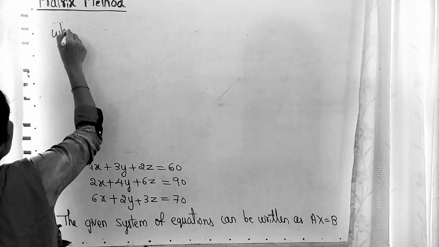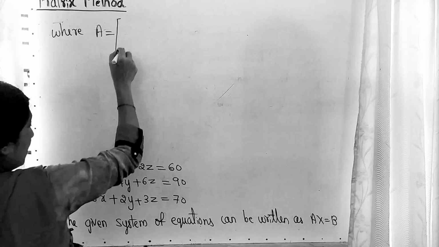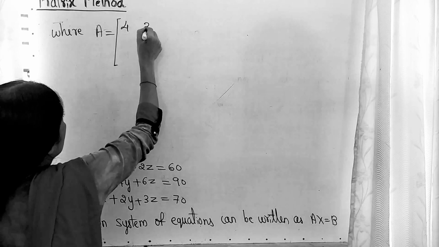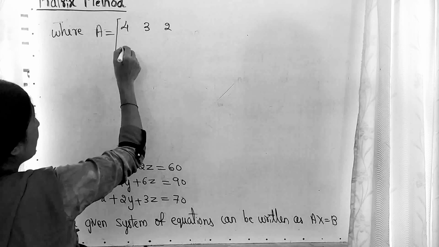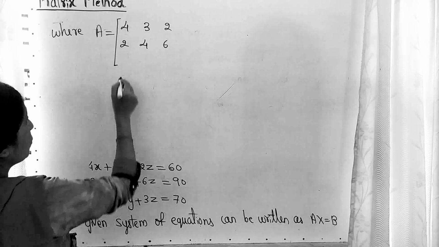Where A is equal to the coefficient matrix 4, 3, 2. Then 2, 4, 6. Next 6, 2, 3.